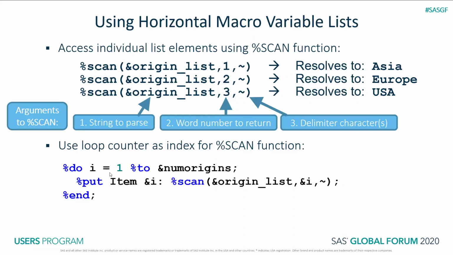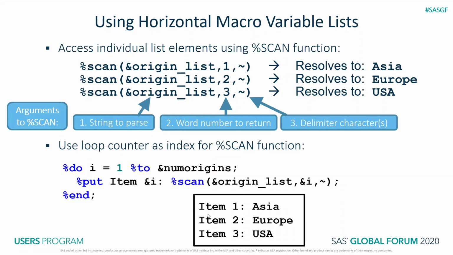So the first time through the loop, it's the first item. The second time through the loop, it's the second item, and so on. And what we end up with is this in our log. Item 1, Asia. Item 2, Europe. Item 3, USA. So we built this macro variable list dynamically from the data without hard coding in any of these values to our data, and now we've read them back out.